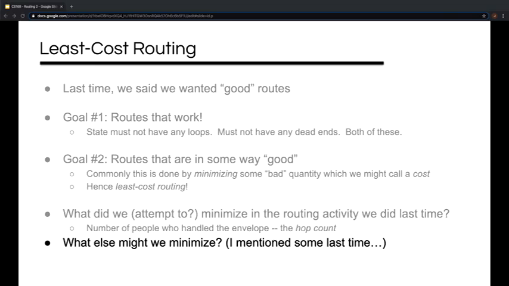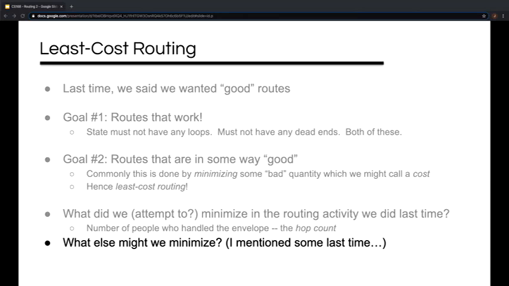And so what are other things that we might choose to minimize? What might be good things to minimize on a network? I talked about some of them last time. Anybody remember or have any ideas of their own? Yeah, the latency, like the actual time to get it from the source to the destination, right?